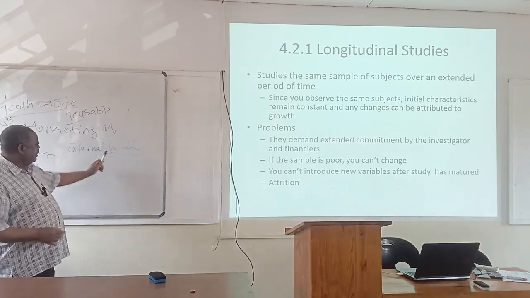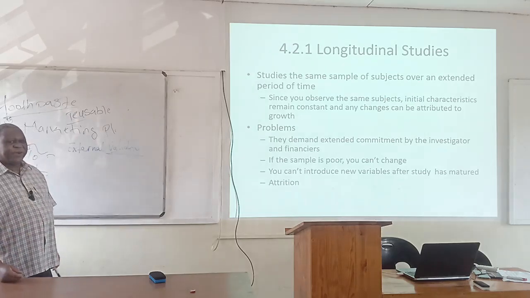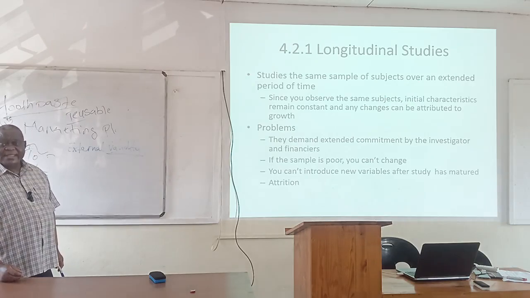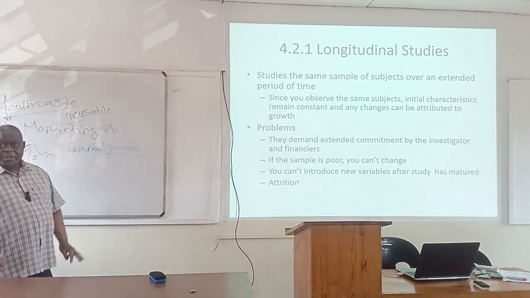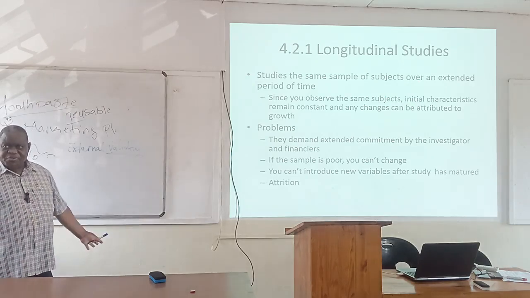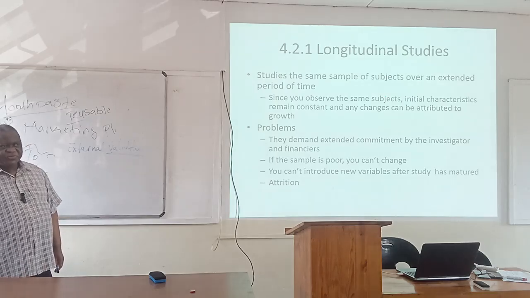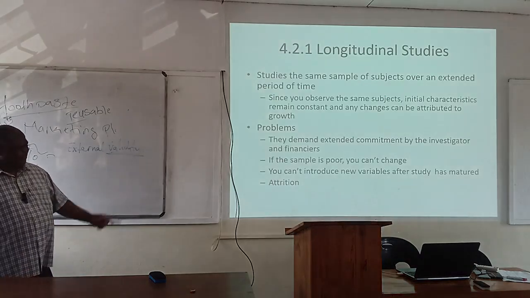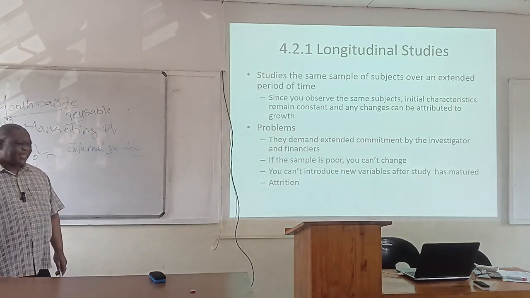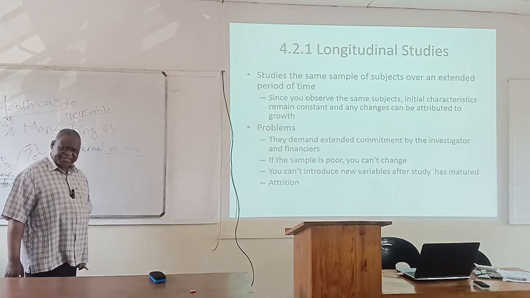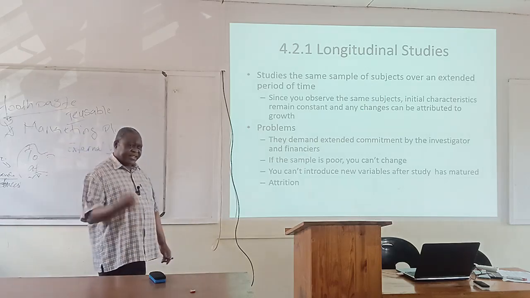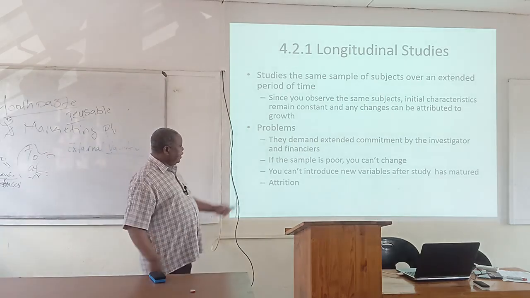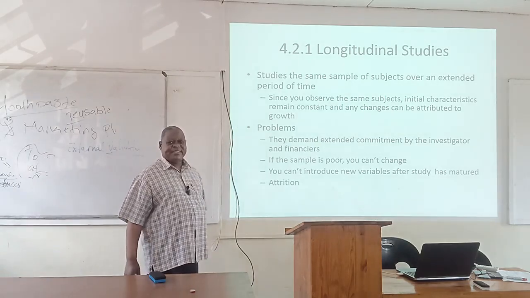This validity here is referring to whether your results are valid for generalization to other groups. Okay? So attrition creates such problems. And it's a common problem in longitudinal studies.